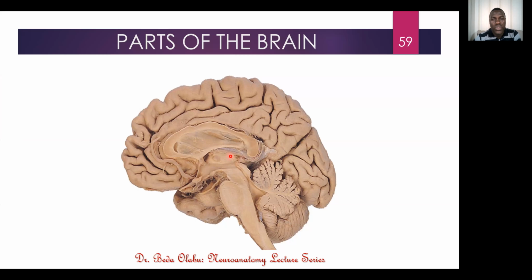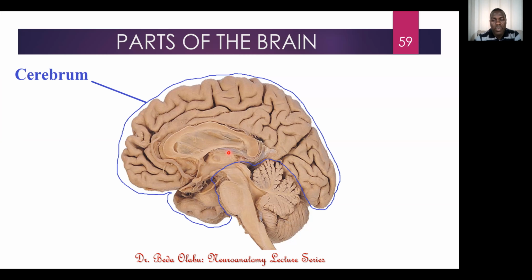With regard to parts of the brain, we then agreed that the brain has 3 basic parts. That big part that is outlined by the blue is what we call the cerebrum. The smaller one, outlined by the red, is what we call the cerebellum.